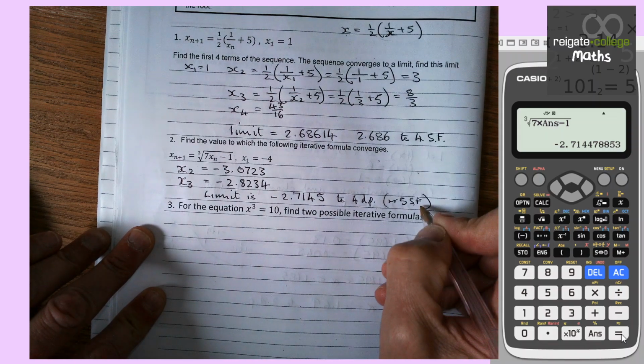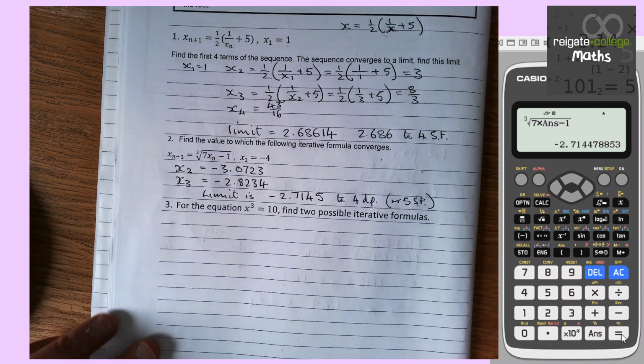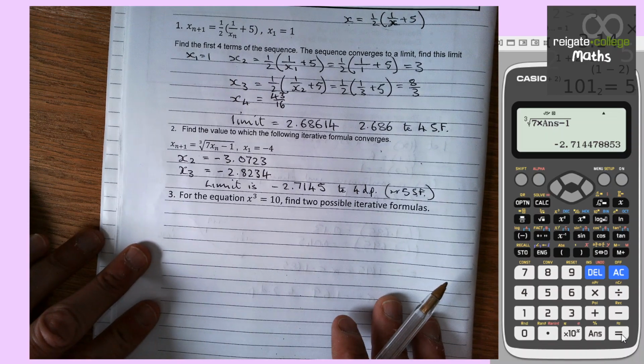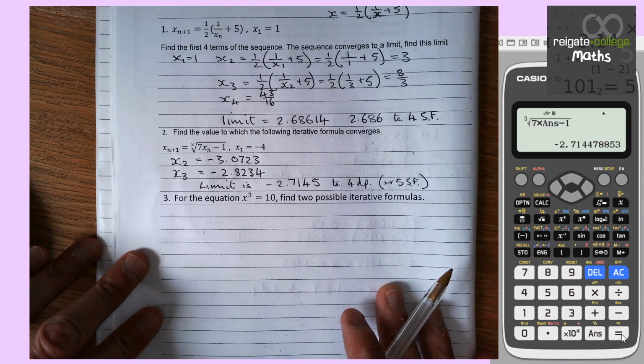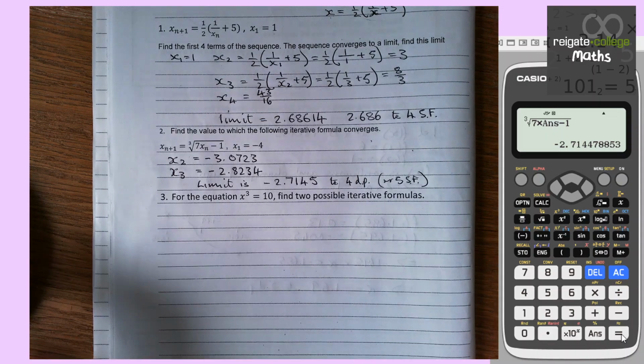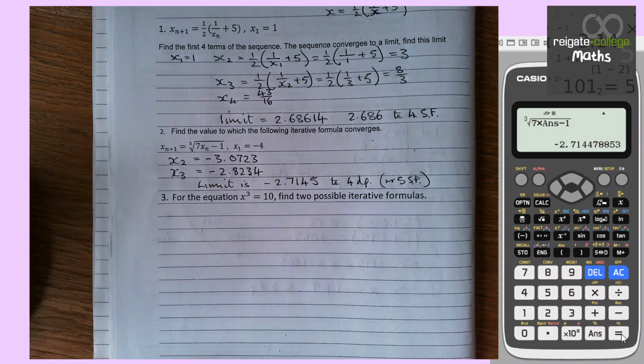Again, I'm not suggesting that 5 significant figures is necessarily appropriate accuracy. Generally speaking, you'll get told in an exam question what accuracy to give this to, and if you're not told, then 3 significant figures is probably what you should choose.